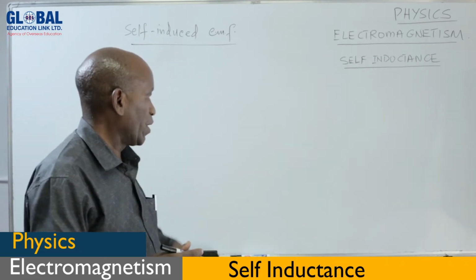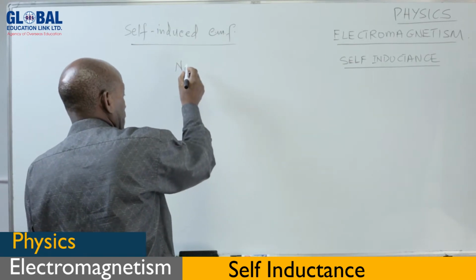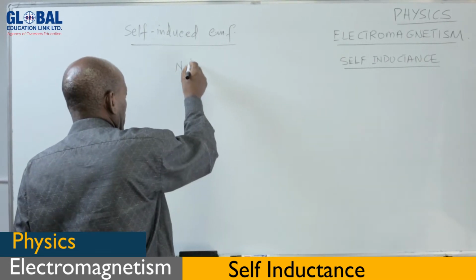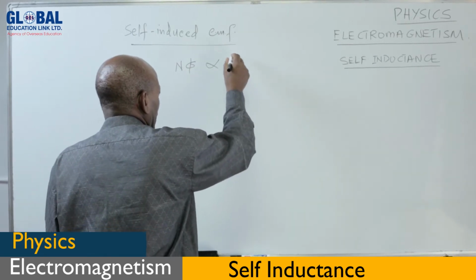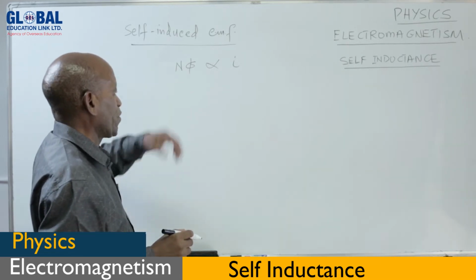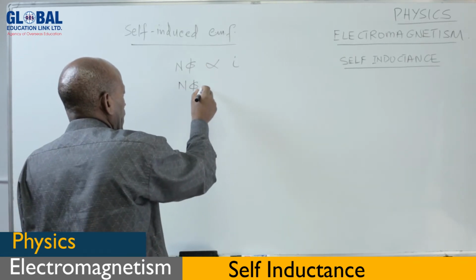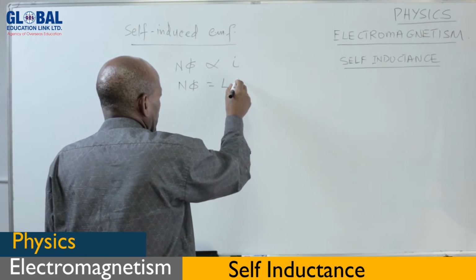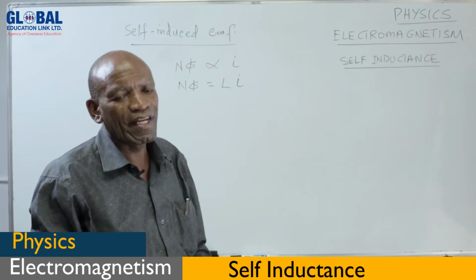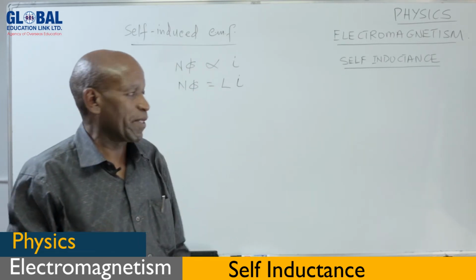So if we talk about a coil having some number of turns N, then the total magnetic flux, N phi, should be proportional to the current I induced in that coil. If I remove the proportionality sign, I have N phi equal to a proportionality constant L times the current I. Now the proportionality constant L is what we call the inductance of that particular inductor.